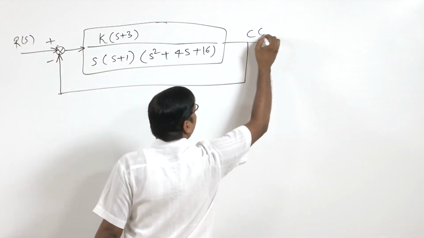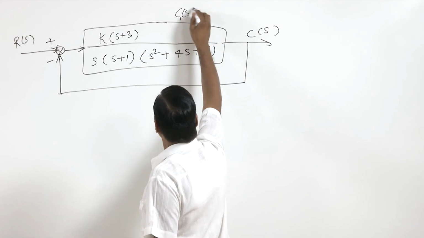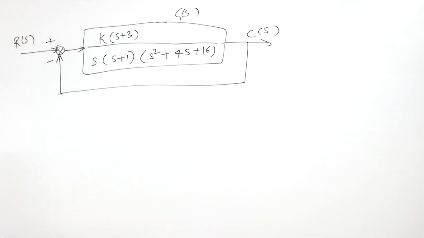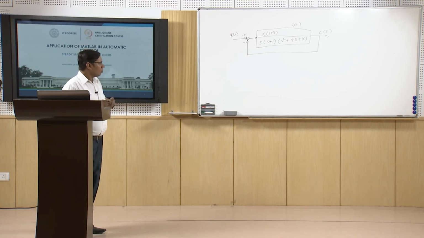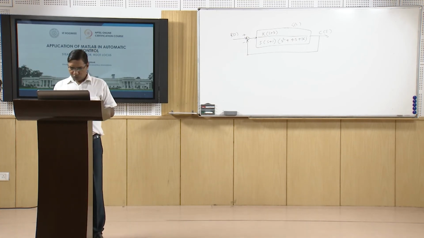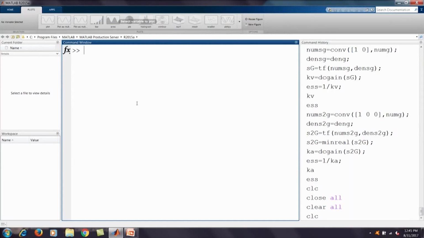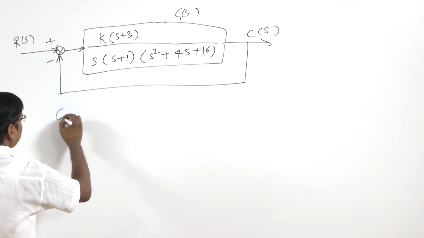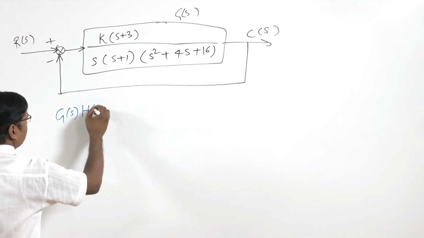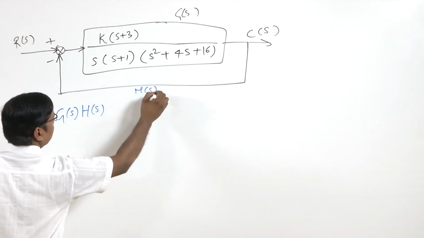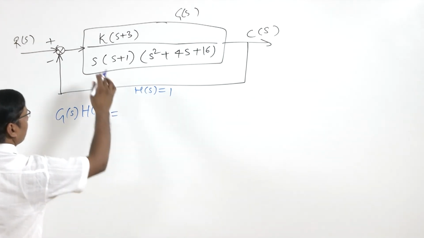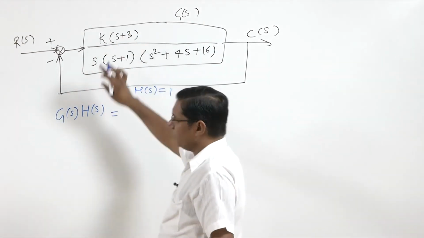This is our input, this is G(s), and this is unity feedback. So this is our system and we have to plot the root locus. First we see the open loop transfer function G(s)H(s). H(s) is 1 here, so G(s)H(s) is the same as this.